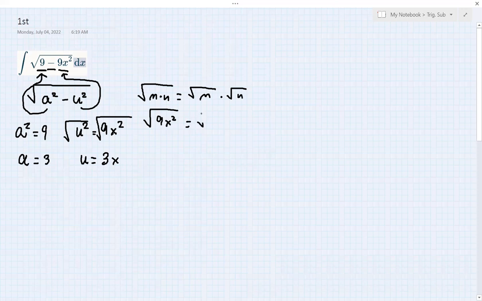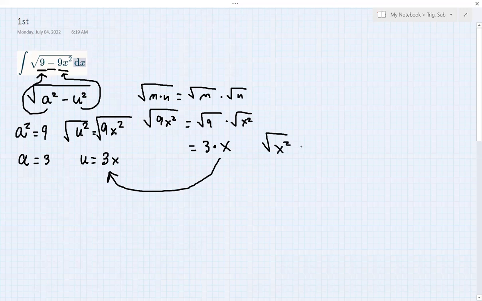So this is the same as square root of 9 times square root of x squared. So ito, square root ng 9 ay 3 times ito, square root ng x squared. Since kasi naka-x squared to at saka meron kang square root, magiging x lang yan. So magiging 3x.